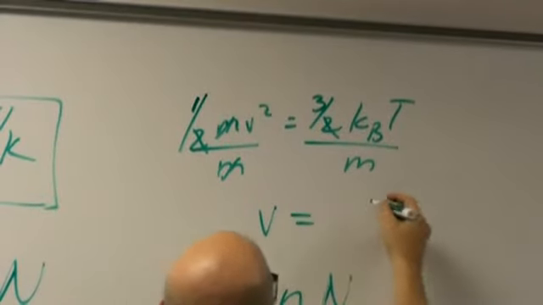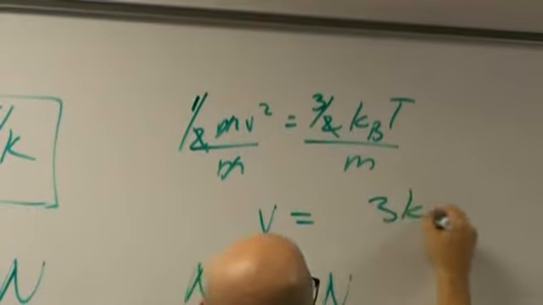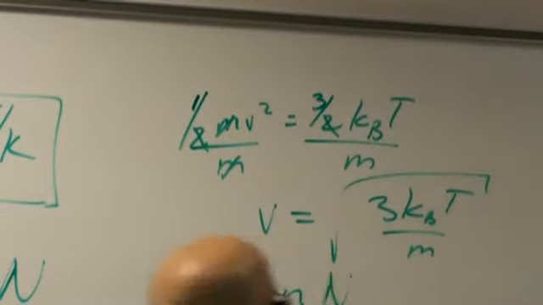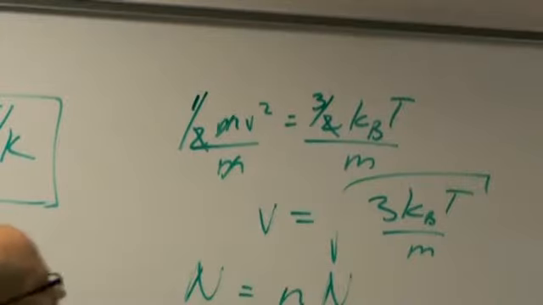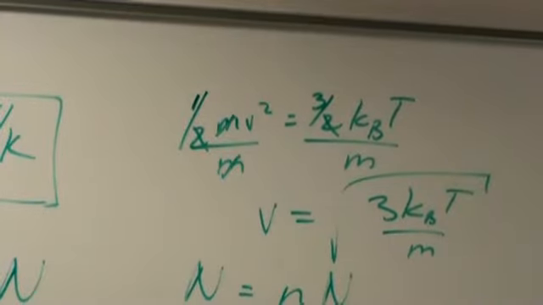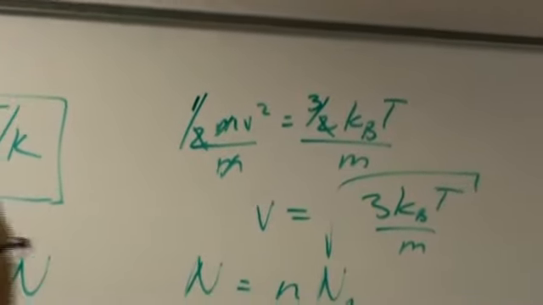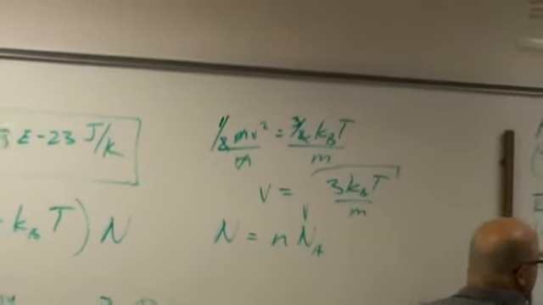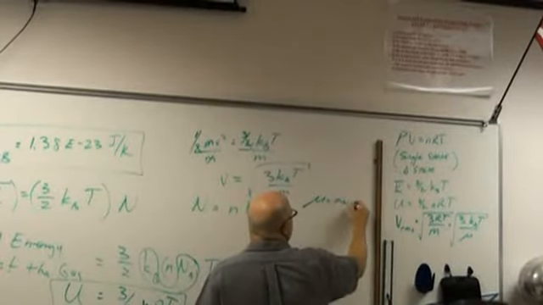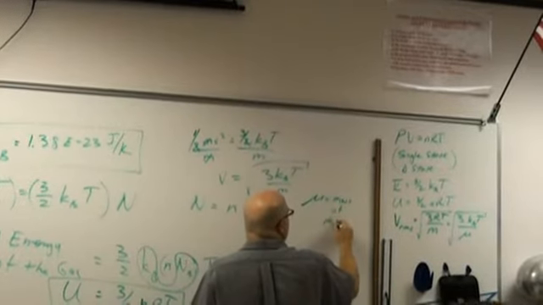So I end up with v equals the square root of 3 k_B T over m. But this m over here is written as a mu. Mu means the mass of the individual molecule. So this mu equals mass of molecule.